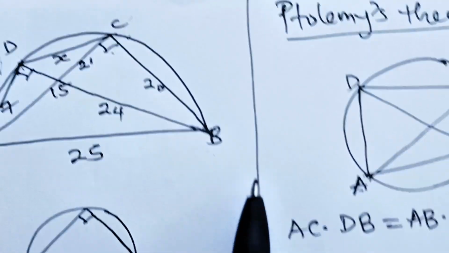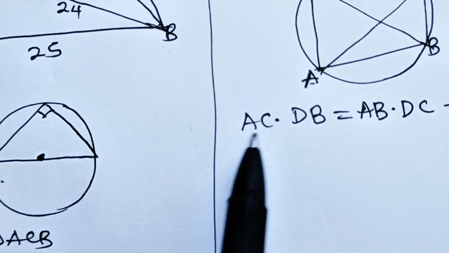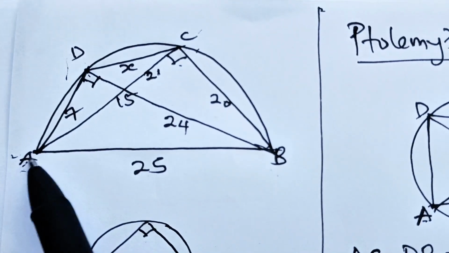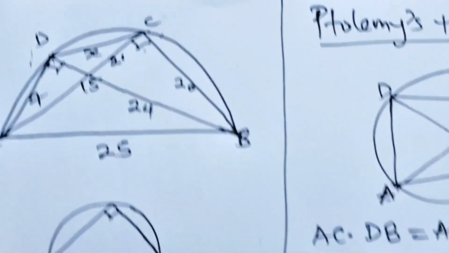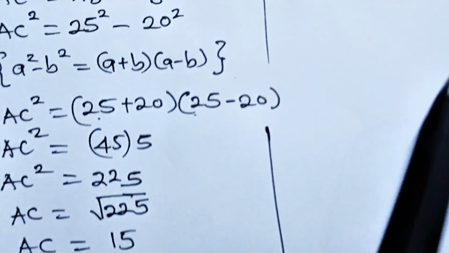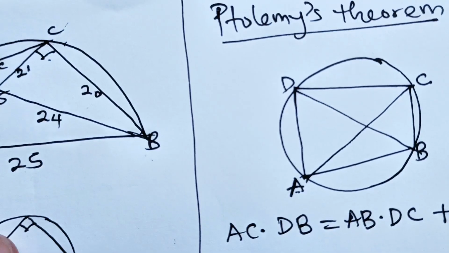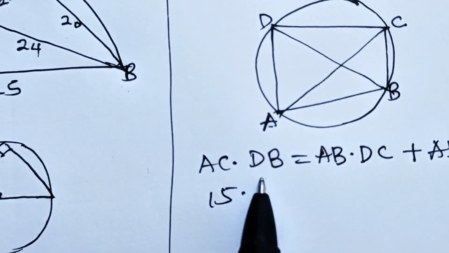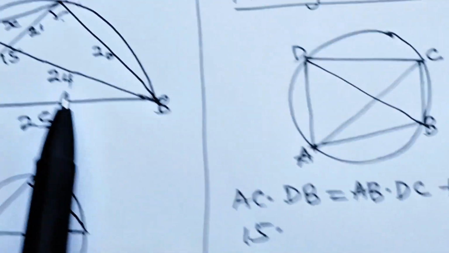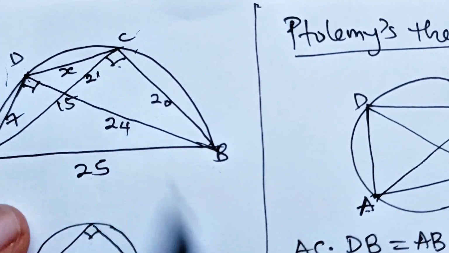Now, our AC is equal to what? AC is 15. Okay, I hope I'm correct. Yeah, AC is 15. So we have 15 multiplied by DB. DB is 24, you can see that DB is 24.